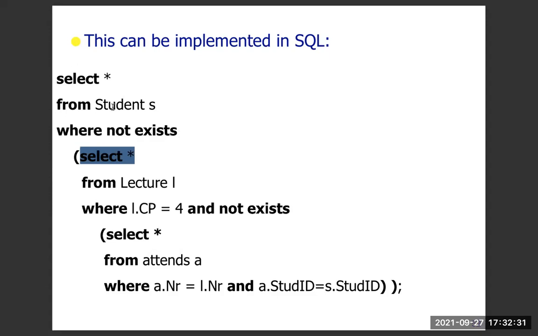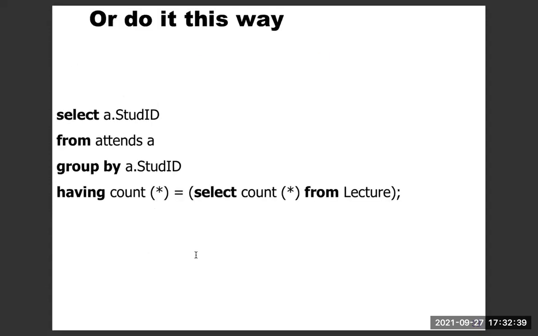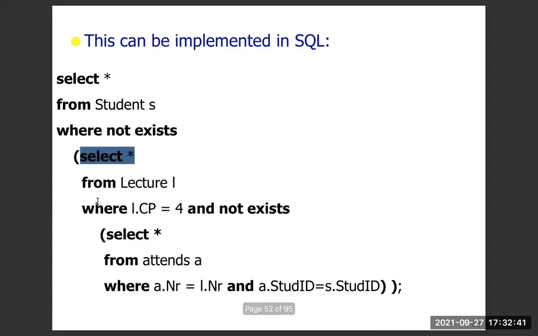Okay, so a student with at least one lecture. If a student attends one lecture, not exists attendance record is false. The select has even a single record here. Not exists becomes true if there are no records here.